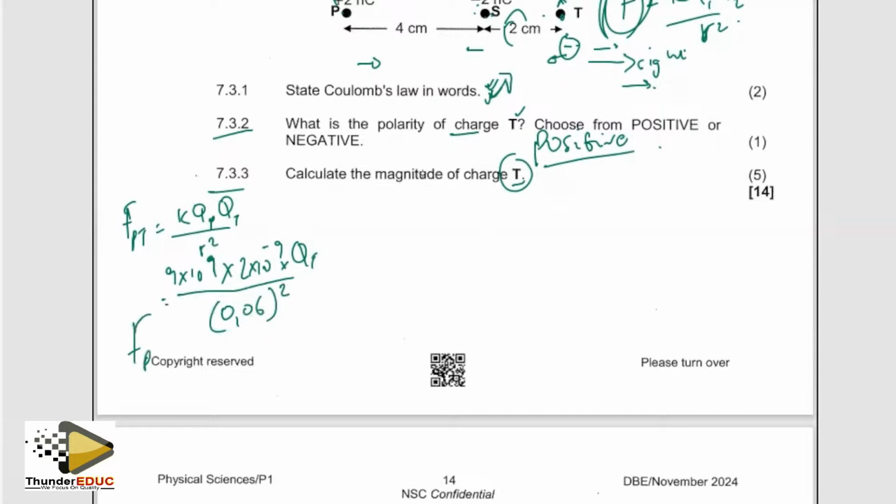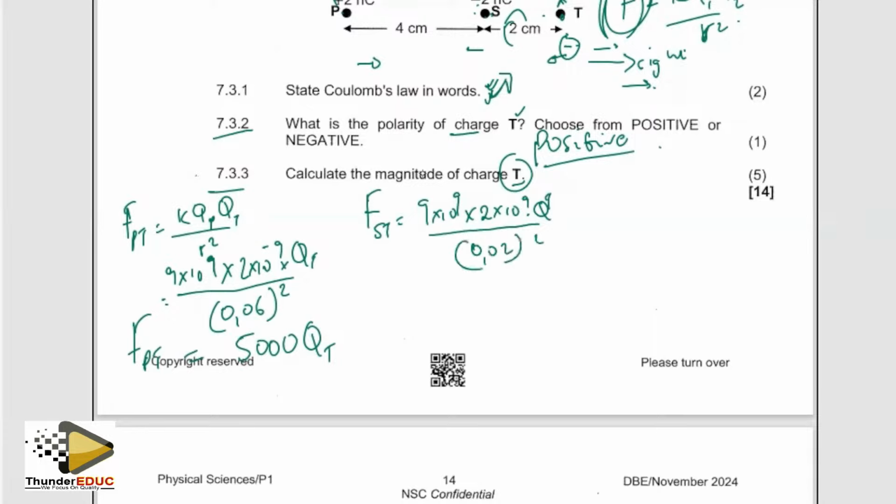So the force of P and T, remember we simplified this earlier on, is just 5,000 QT. Then let me look for the force between S and T using the same approach. So 9 times 10 to the 9 multiplied by 2 times 10 to the 9, and then QT divided by 0.02 squared.